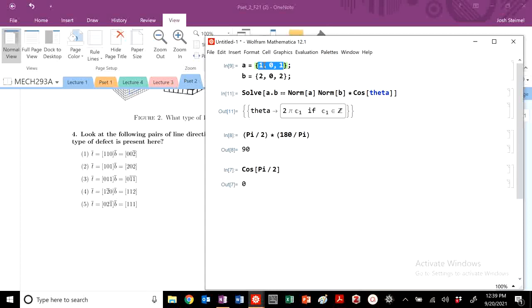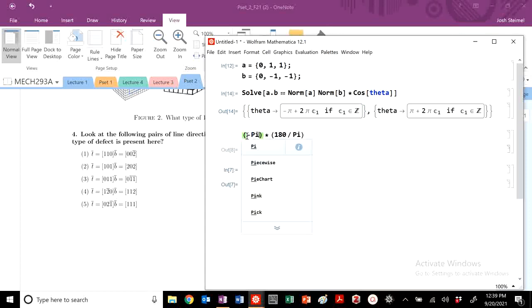So what about number 3? 0, 1, 1, and then 0, minus 1, minus 1. Minus pi. So these are anti-parallel. So what are we going to get? You guessed it, minus pi, minus 180. So those are left screw.